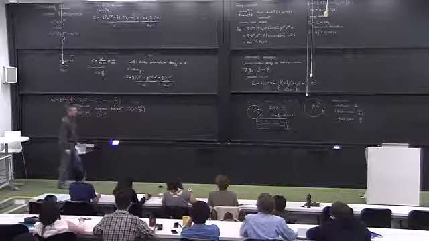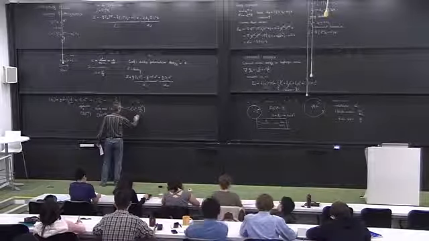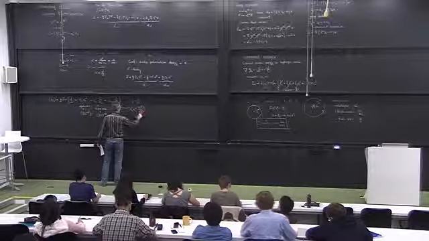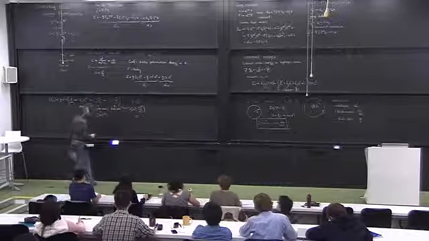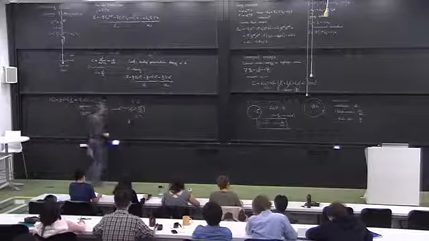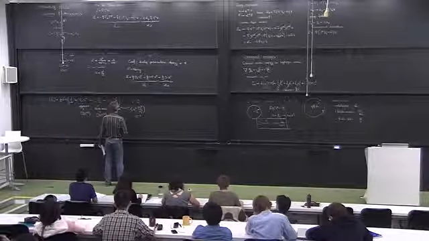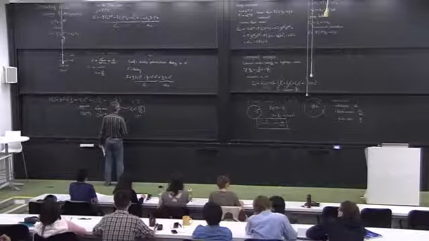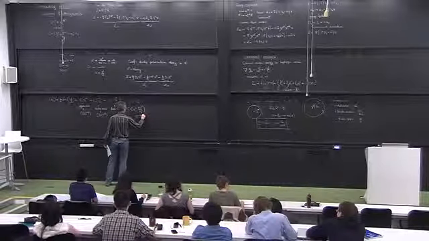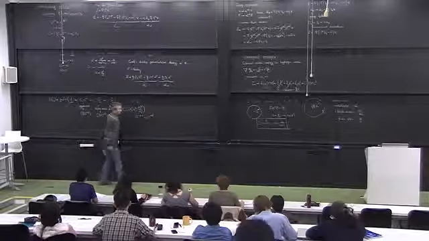It's a really tiny correction: 10 to the minus 9, and then 3 powers of alpha gives another 6, so something like 10 to the minus 15, extremely small.